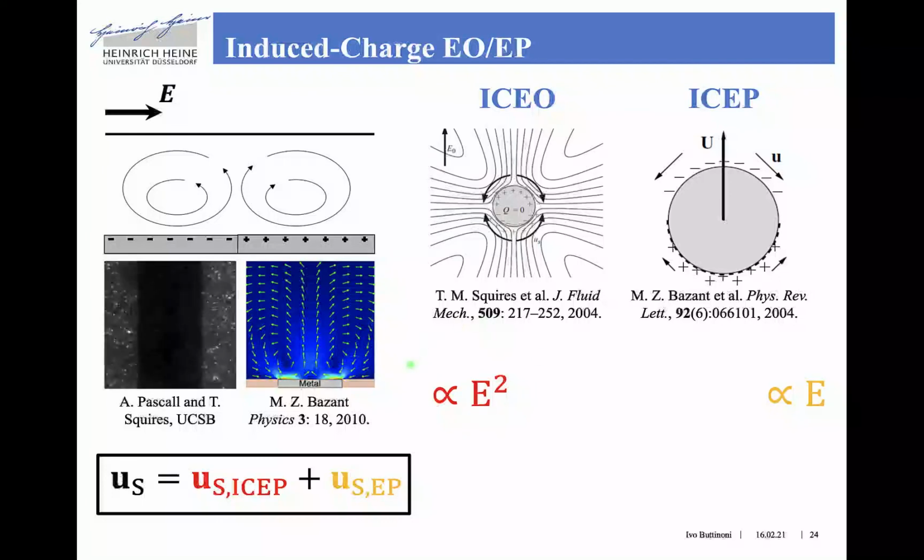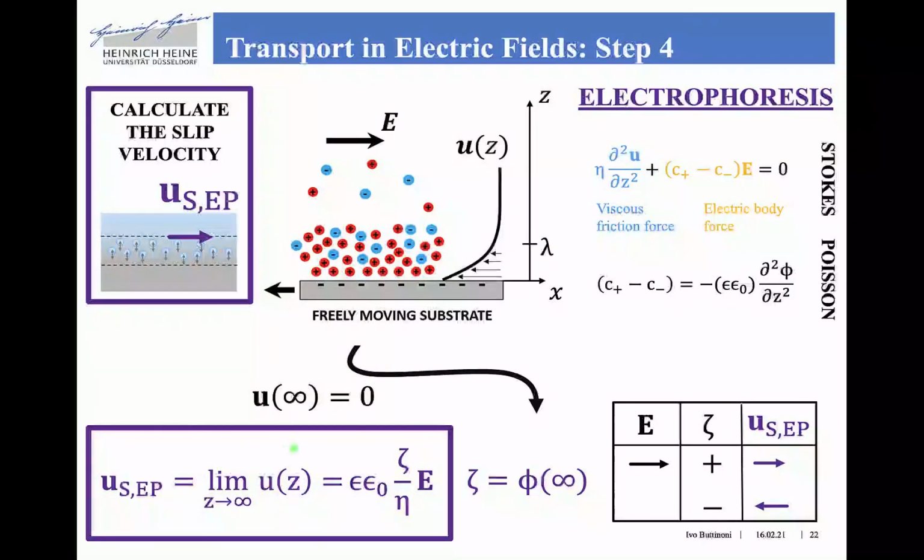This additional slip velocity is proportional to the electric field squared, since an object of size r roughly gains, under an external electric field, a zeta potential which is of the order of E times r, so that essentially if you go back to this equation, you have that r times E, you have E squared.